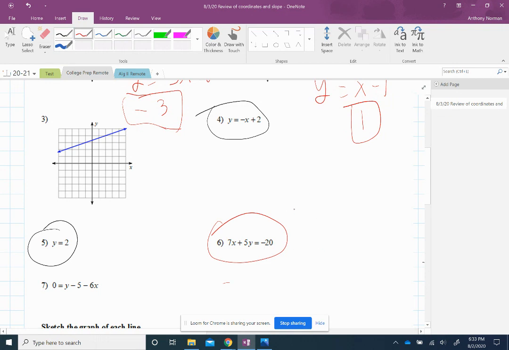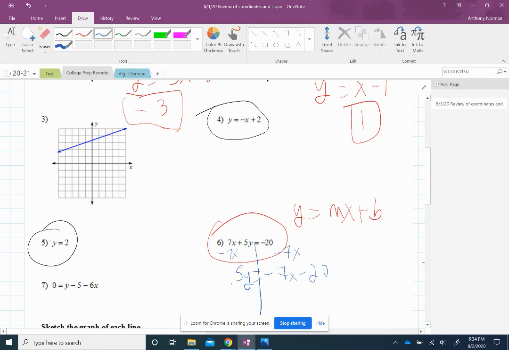So to have this, we need our formula to look like y equals mx plus b, where m and b are numbers. So that means we need to get y by itself. So how do we get y by itself? We go back to algebra class. So we move that. So we have 5y equals 7x minus 20.